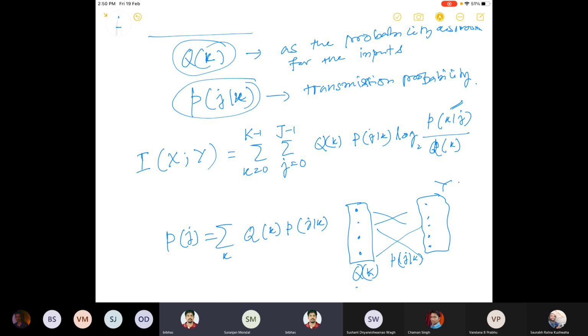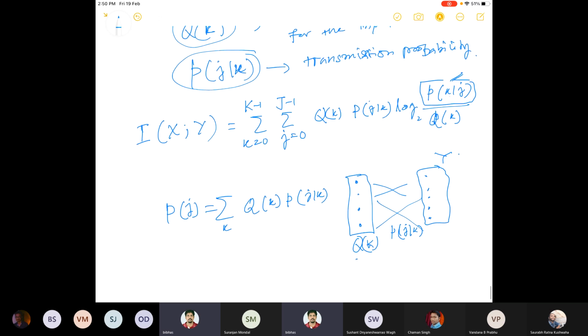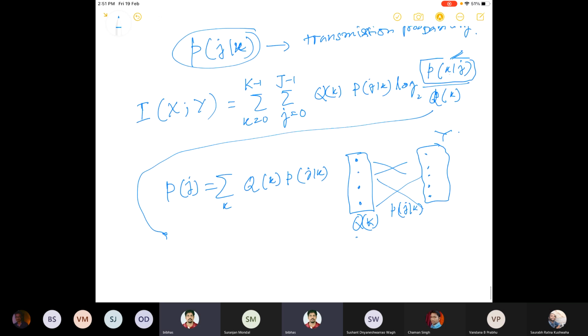Yes, correct. Now see, we don't want this one right here. In fact, we want p of j given k. So how to change that? This term here is basically p of k given j by qk.